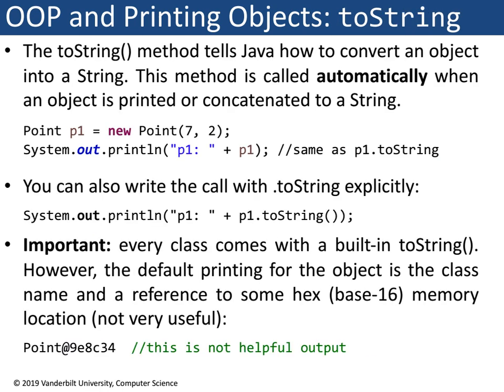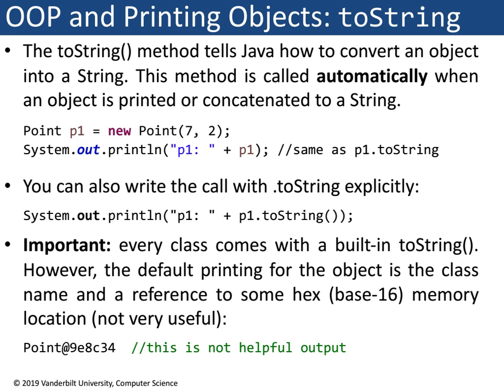So remember, we said that when we were using arrays and we either use the toString method, so myArray.toString, not to be confused with the Arrays class toString, either using this myArray.toString or passing myArray to the println statement, either one would wind up printing out the address of the object in memory. The reason for that is because every class and every object in Java comes with a built-in toString method.